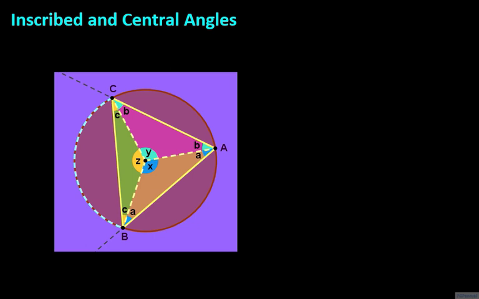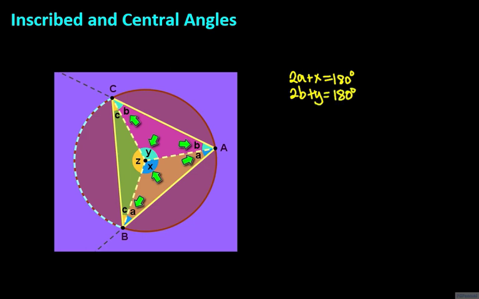At this point, we use the fact that the sum of the angles of a triangle is 180 degrees to generate a set of equations to lead us to the relationship between the central angle and the inscribed angle. Starting with triangle AOB, a plus a plus x, or 2a plus x equals 180 degrees. In triangle AOC, b plus b plus y, or 2b plus y equals 180 degrees.